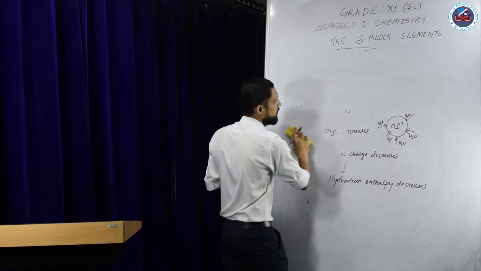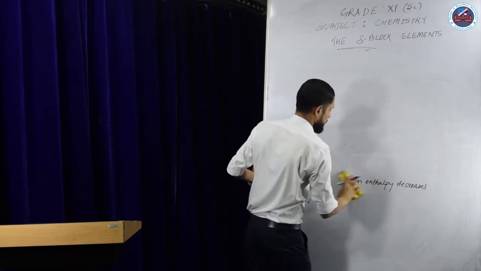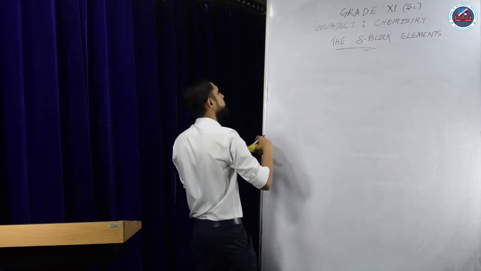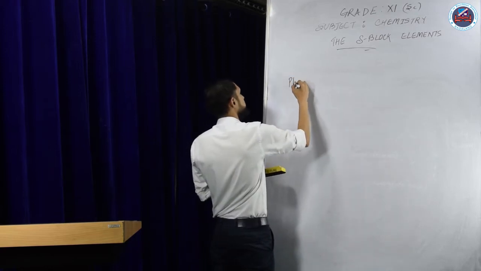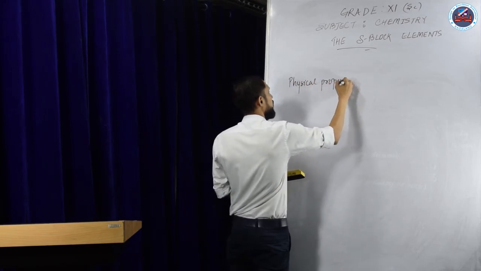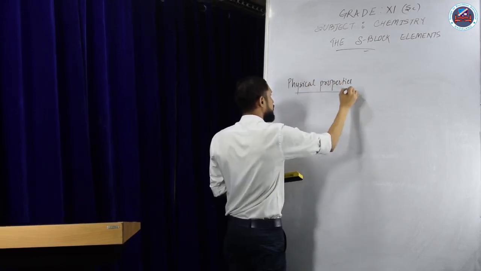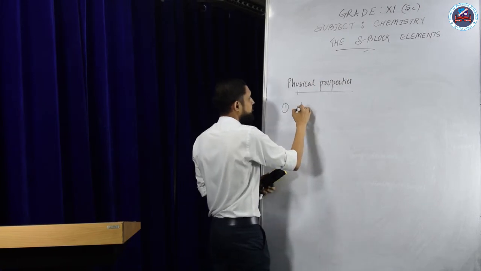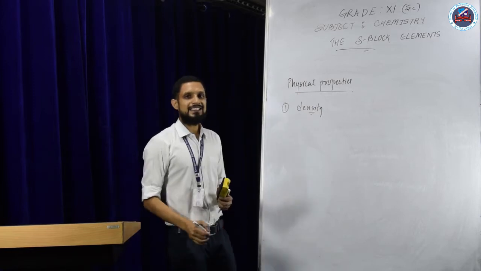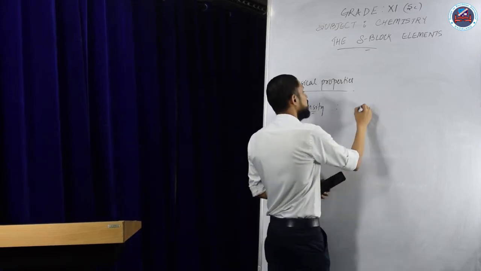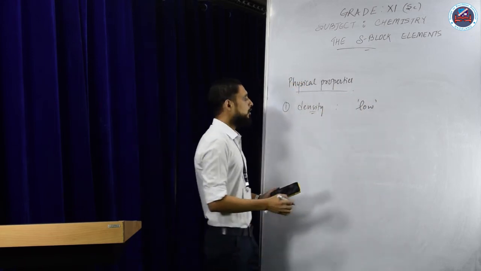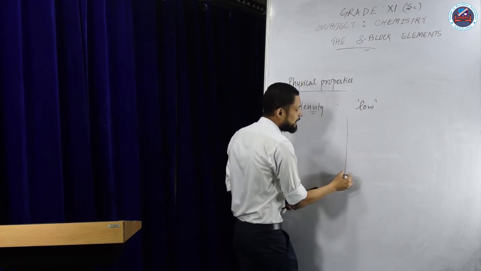Next, we'll study the physical properties. So under physical properties, we'll first study the density. Now, the density of the alkali metals is low. However, it will increase down the group.